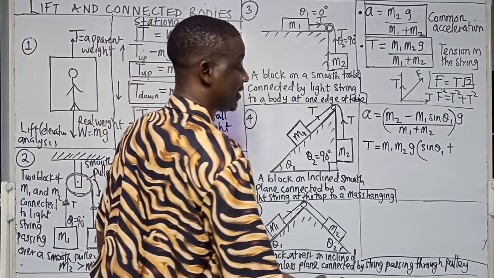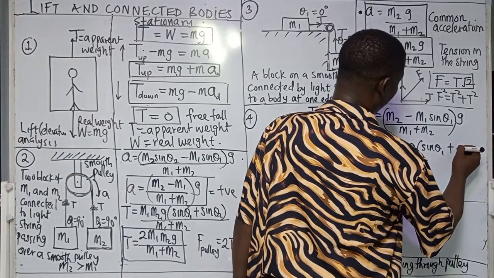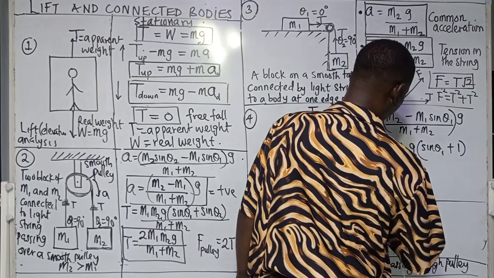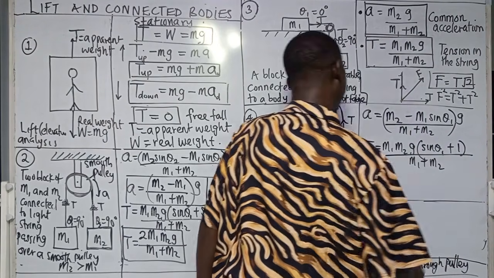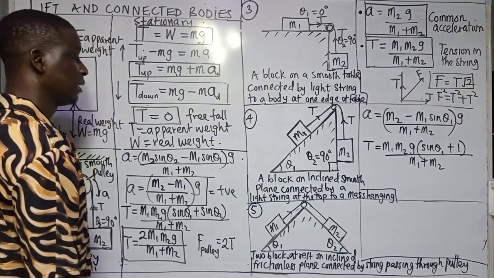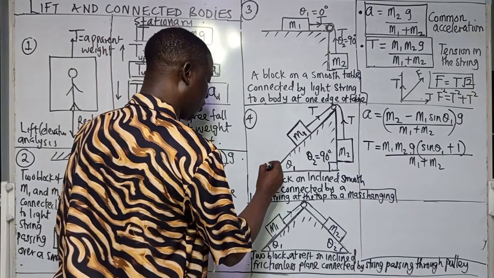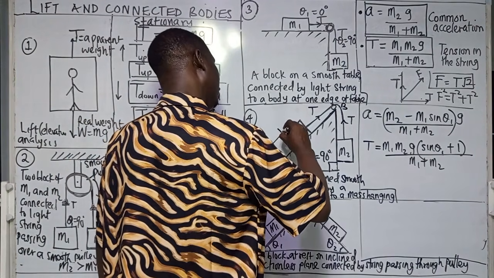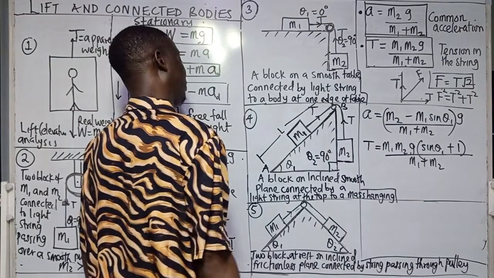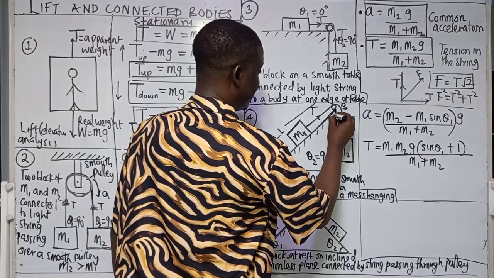Theta 2 is 90, so sine 90 is 1. All divided by M1 plus M2. But there's something I want to talk about here. Don't forget, let's call this one A and this one B. From A to B is what we call the length of the inclined plane, while here is the height.